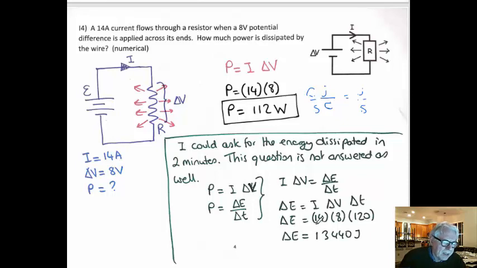The common mistake is that people will put down 2 for 2 minutes when in fact it has to be 120 seconds, because we're working in SI units. The other common mistake is people just get confused. They don't put these two equations together because they met them in different chapters, and unless they practice it, they don't connect the two.